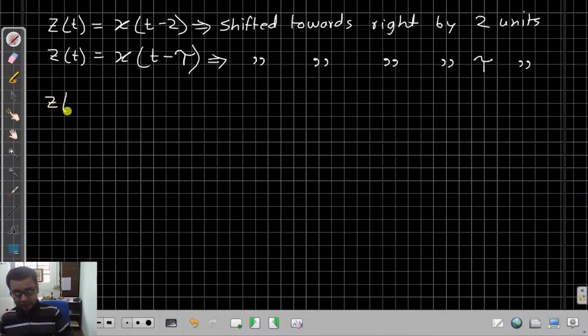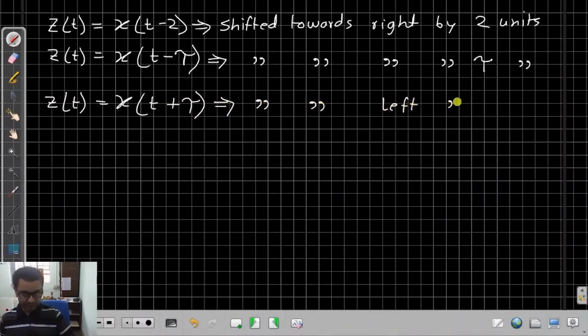Similarly, if you define zt equals x of t plus tau, and if tau is a positive number, then that signal will be shifted towards the left, in the opposite direction, by tau units. Please verify these conclusions yourself.